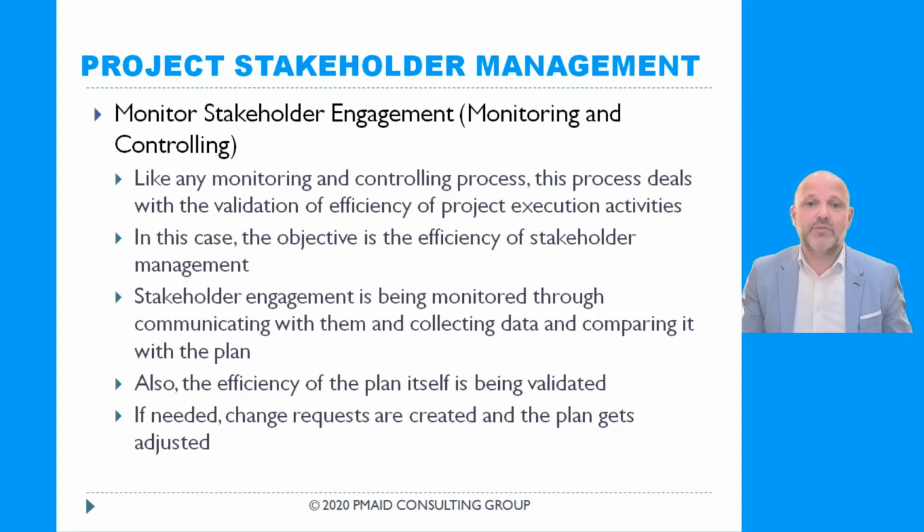In this case, the objective is the efficiency of stakeholder management. Stakeholder engagement is being monitored through communicating with stakeholders and collecting data and comparing it with our plan. Also, the efficiency of the plan itself is being validated. If needed, change requests are created and the plan gets adjusted.